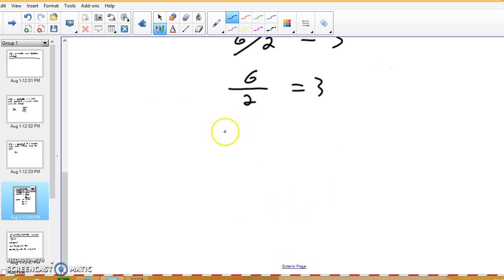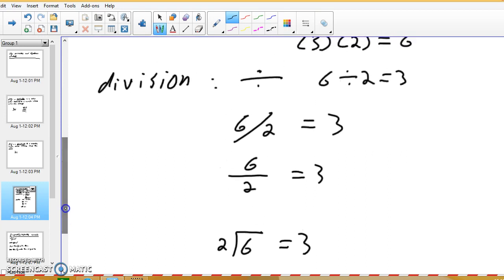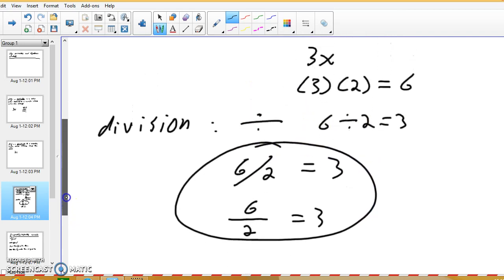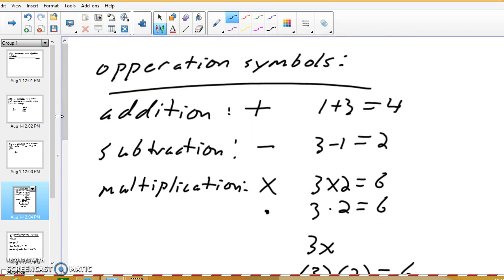And then even for some other practices, we might have 6 divided by 2. And again, that's something we'll get into later. But the most common way that you'll see it is in these two manners, but again, it can be shown in several other ways. So those are just the different operation symbols that we use throughout algebra.